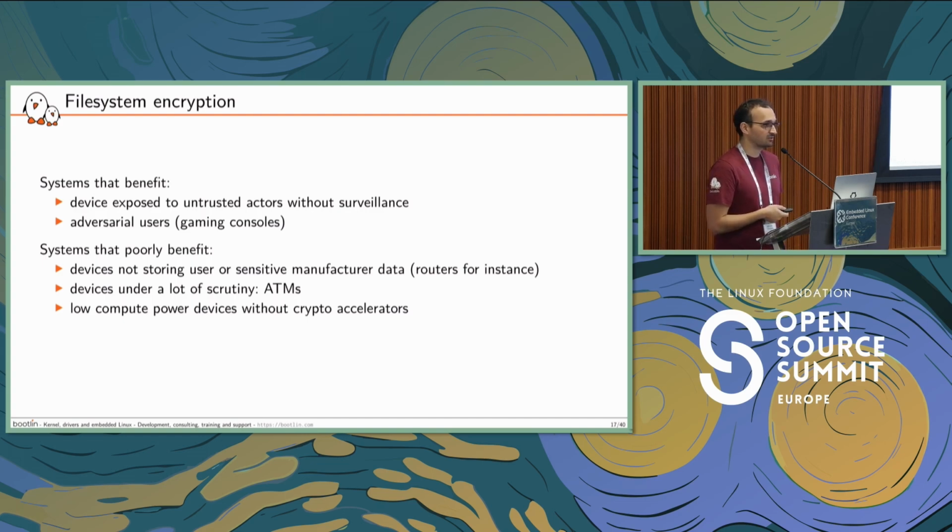It can be just surveillance or a physical way to prevent people from getting access. As long as you have an answer somewhere in your threat model saying, oh, we're just going to check that people are not taking apart my ATM, then you can say, okay, then encryption is not worth it. And if you're trying to make a very small device, you might not want to take the performance hit if you don't have crypto accelerators.